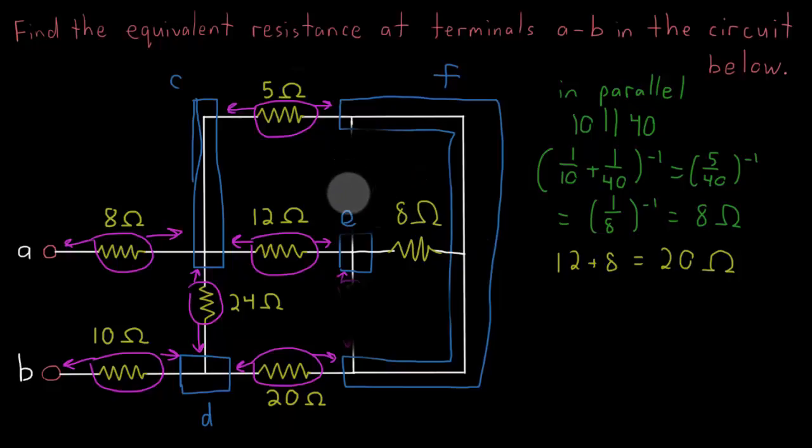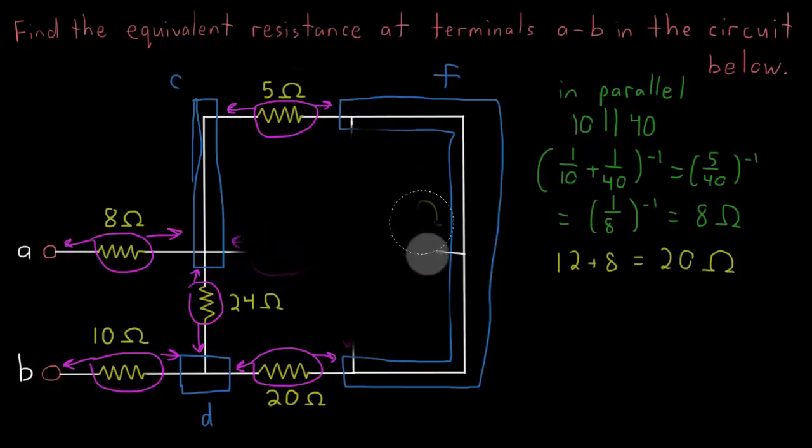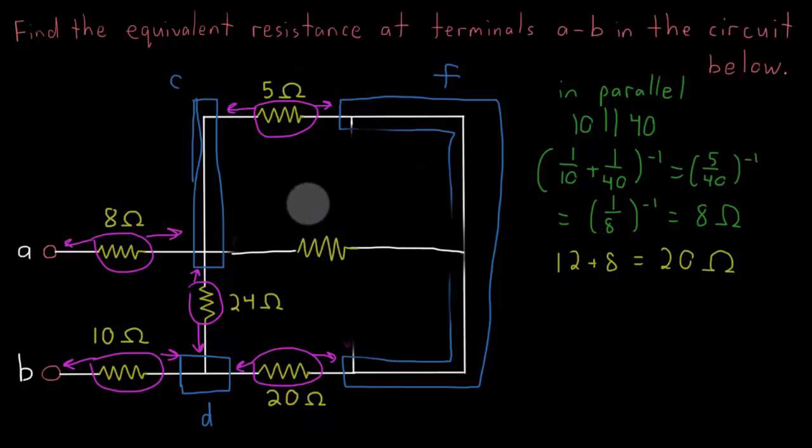So let's delete these two resistors first. And then now let's draw the new resistor. And that would be over here across. And our new resistance is 20 ohms.